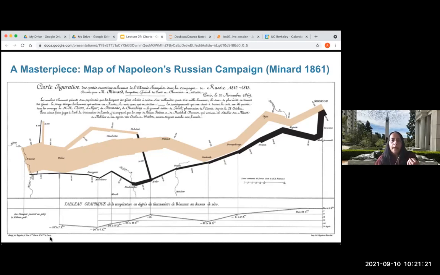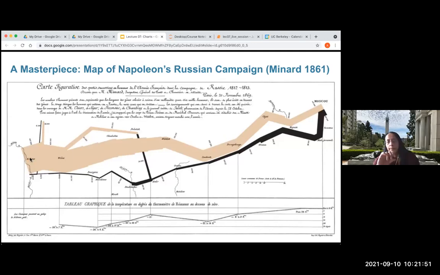And these people were all drawing by hand, right? But perhaps because they were drawing by hand, they had to think very carefully about exactly what needed to be drawn, because they didn't have the facility necessary to do all kinds of complicated things easily. So let's talk about what's being displayed here. Napoleon's army set out from the middle of Europe here at the left edge of your graph.